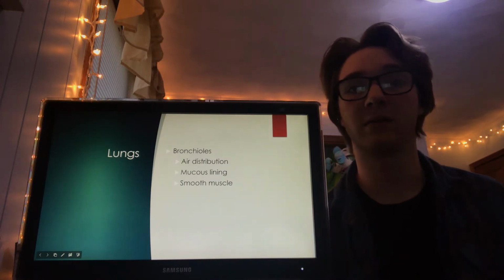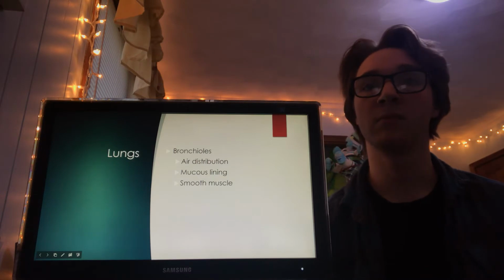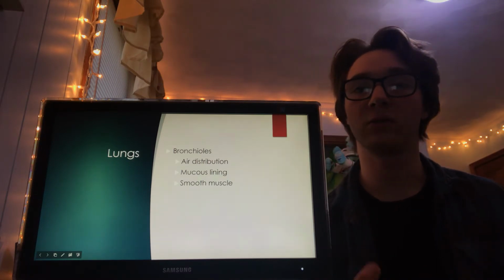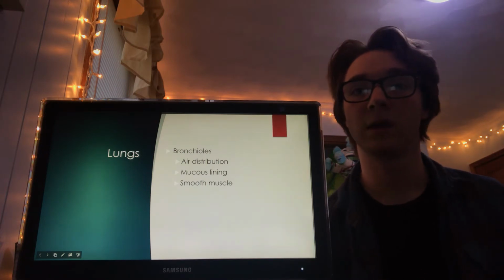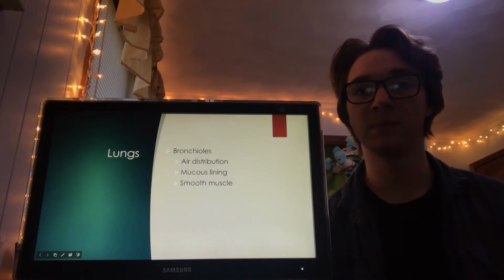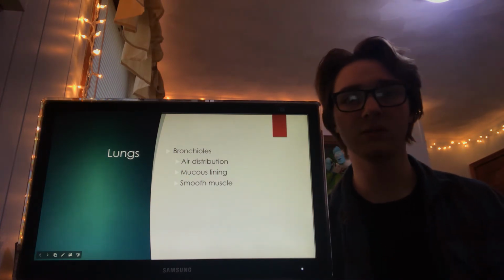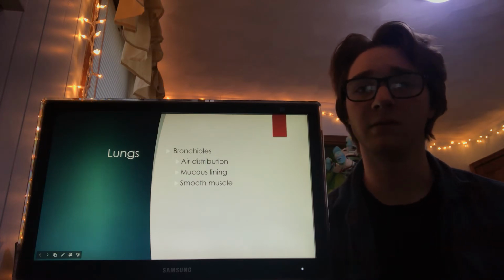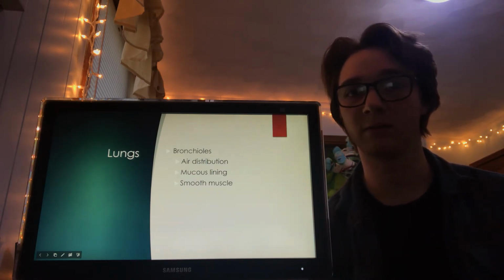So let's say a bacteria comes through the respiratory tract and reaches the bronchioles. Now, what the mucus lining can do is trap that bacteria in the mucus and bring it up, and it is later coughed out or sneezed out, evacuating that bacteria. So again, the mucus lining has a very important role in keeping the lungs' respiratory tract safe.